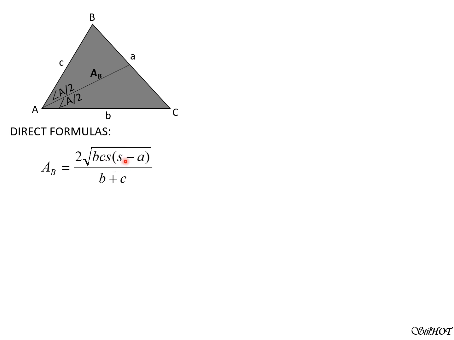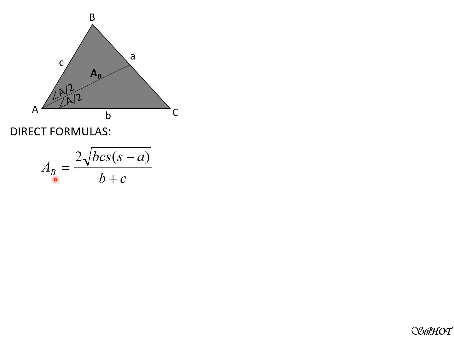Then we have S minus A because these two sides are B C, so it should be B C S times S minus A. Then divide the entire radical by bringing down these two sides, B plus C.